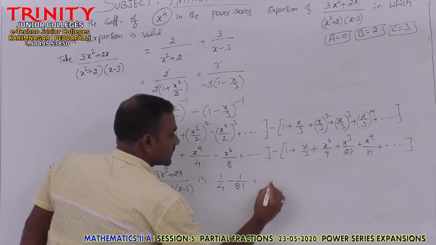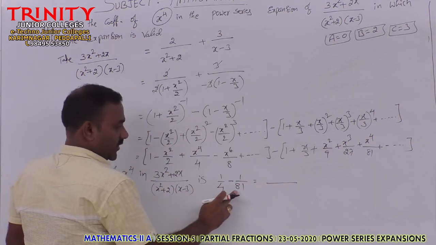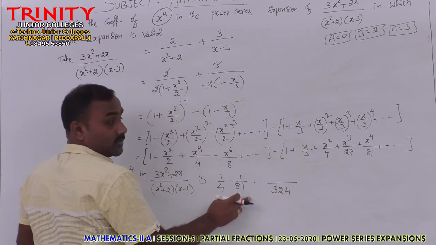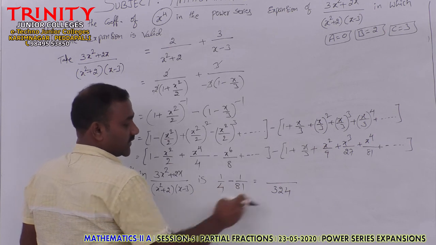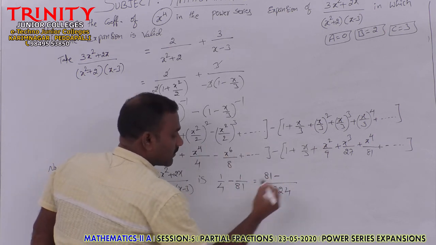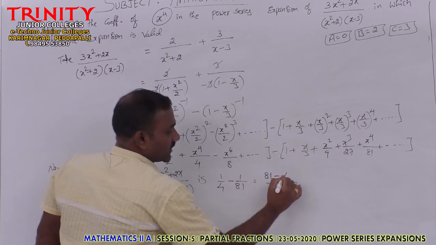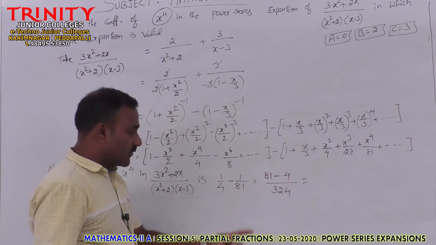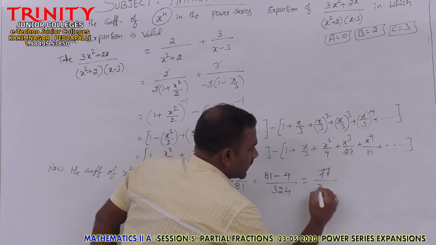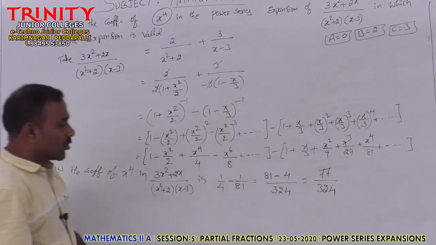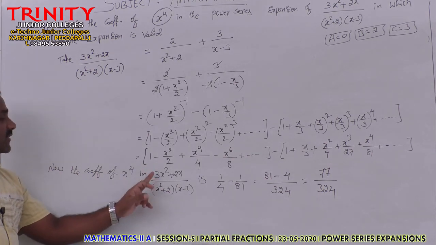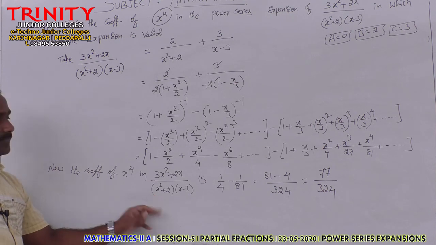Now simplify this. LCM is 4 into 81, that is 324. 81 minus 4 ones are 4, and 4 eights are 32, so 81 minus 4 is 77 by 324. This is the coefficient of x power 4 in this f of x by g of x.